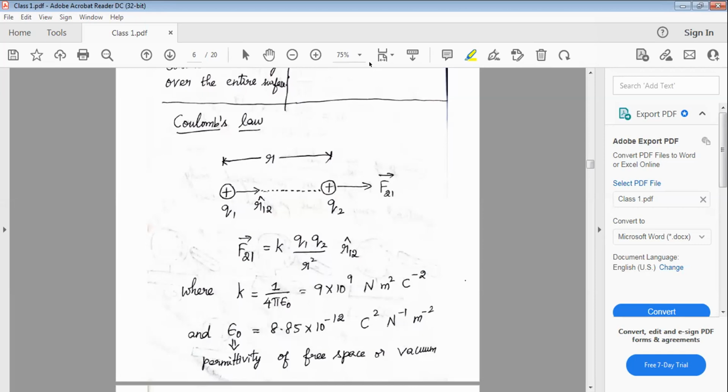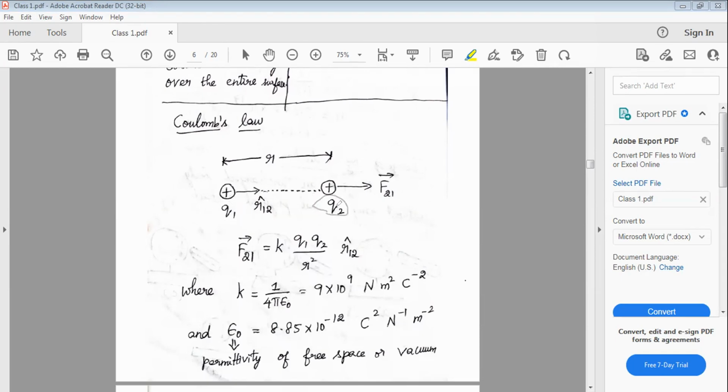Here you have 2 point charges. Q1 is one positive charge and Q2 is another positive charge. The magnitudes of these charges are different. The magnitude means the charge value. For example, this charge may have 10 coulomb and this charge may have 20 coulomb. That is just an example. Both are positive charges and they have different values.